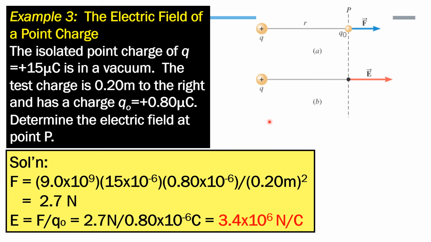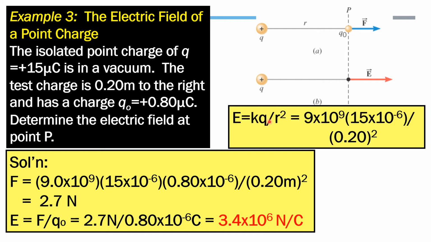But actually, we can also use a shorter way. And that shorter way is using the formula E is equal to K times Q over R squared, where Q here is the center charge. Notice in the formula, we don't need the test charge Q naught.